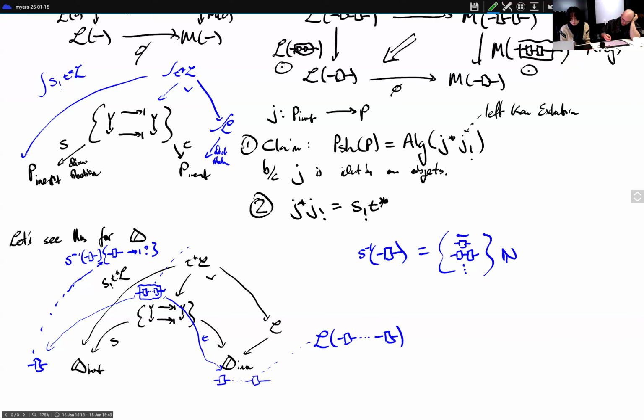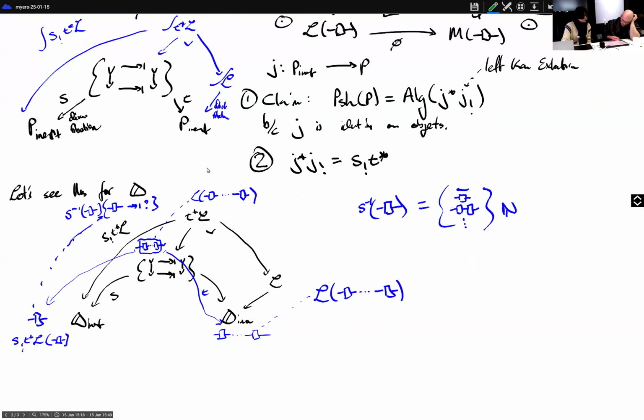So in total, we have that this fiber up here is the same thing for every choice in there. So in fact, what we see is that S bang T upper star L at 1, for example, is equal to the sum over n of L of n.